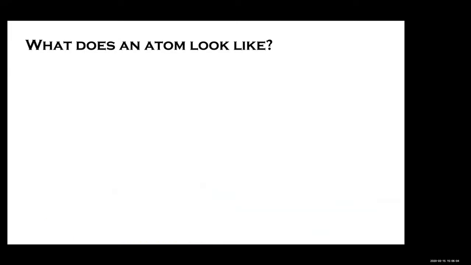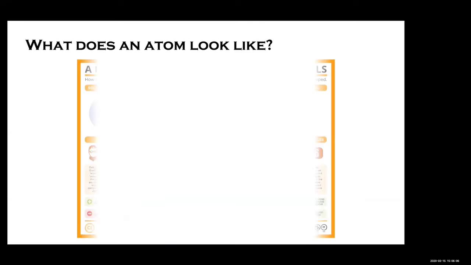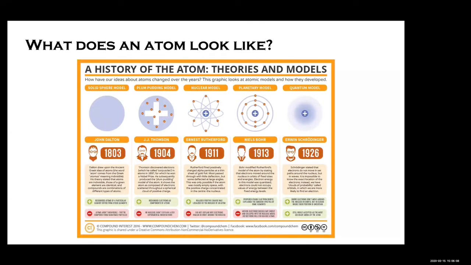All right, so then let's move on to what does an atom actually look like? Well, there's been a lot of different theories over time. We've gotten better at figuring it out. So back in 1803, we had John Dalton, and John Dalton kind of looked at atoms the way we were just modeling them, like little marbles or hard spheres. He did believe that they were the smallest particles, the smallest thing you could break down, basically.